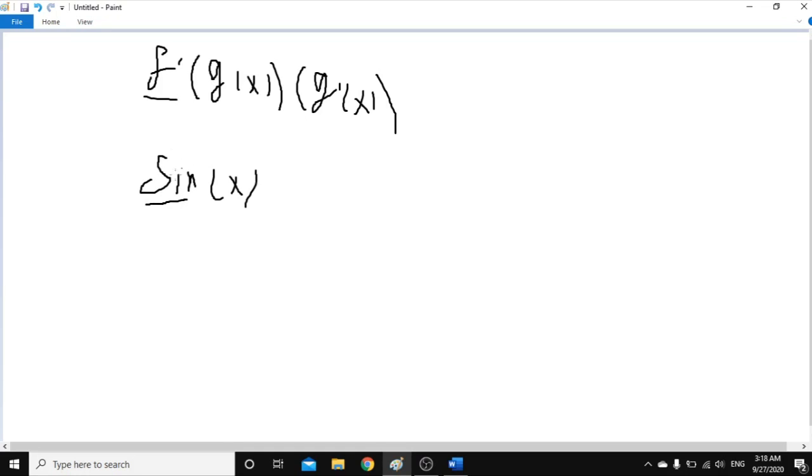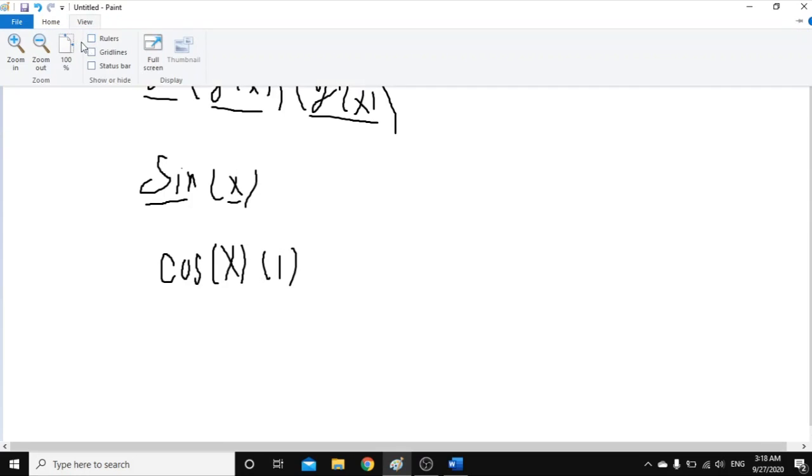So the derivative of sine is cosine, okay? Sine. The inside, we keep it the same. So we write here x. And then we take the derivative of the inside. So the derivative of x is 1. So cosine x times 1 is still the same. Okay, so this is how the chain rule is.